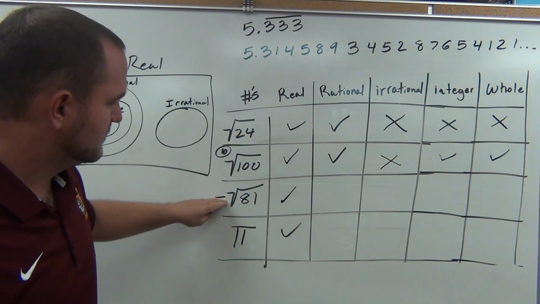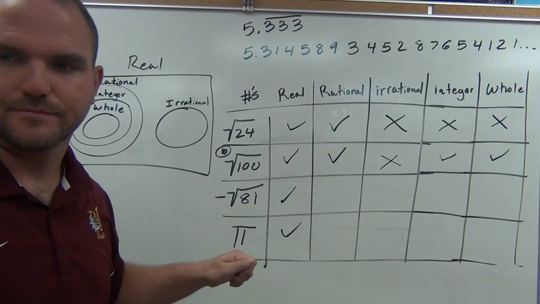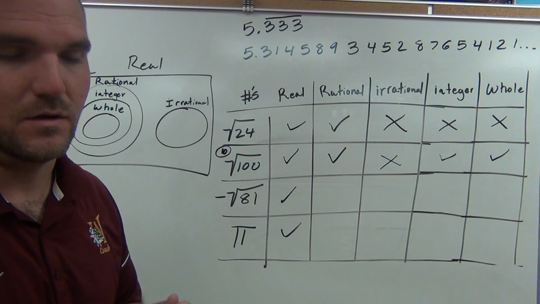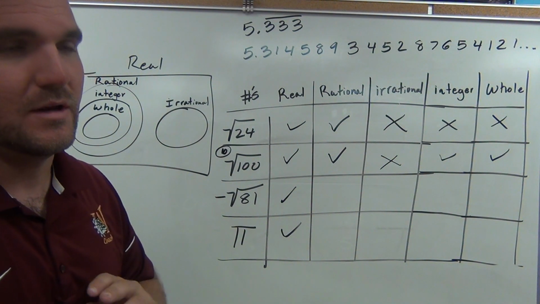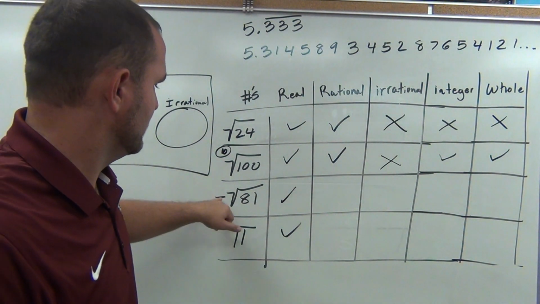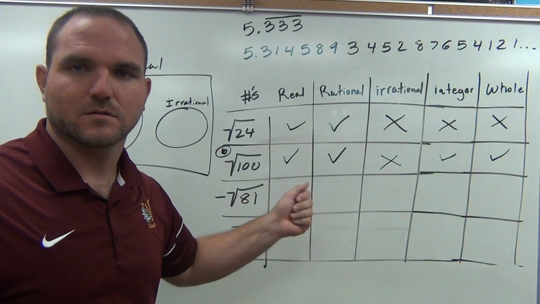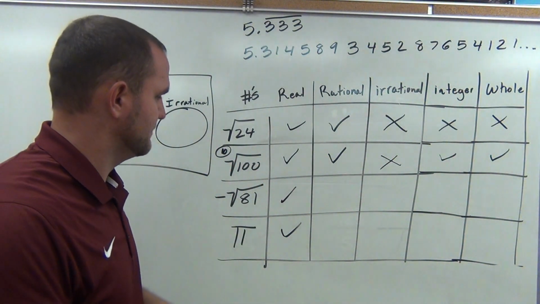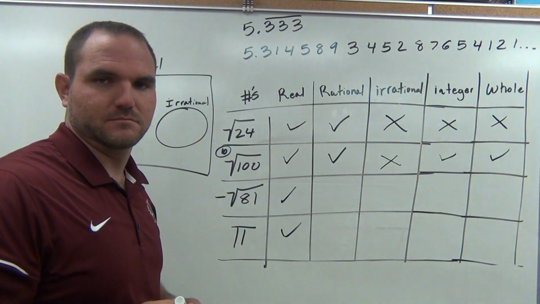So negative square root of 81. If you think about it, what is the square root of 81, first of all? What times what? 9. So the negative sign goes back onto the front, just like we learned in the previous section. So it's a negative 9.